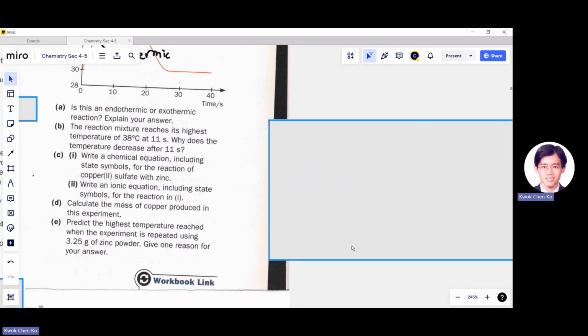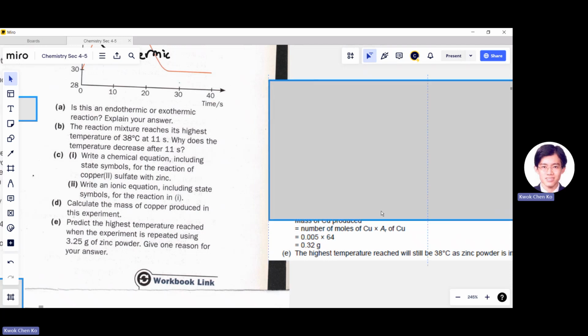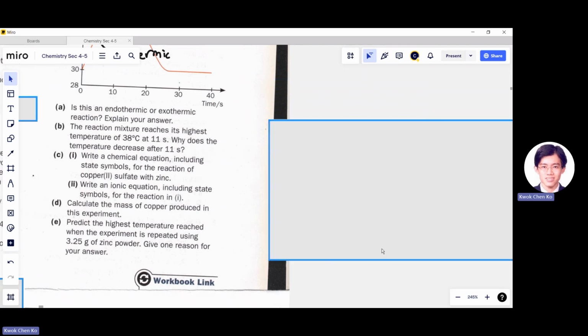Complete the mass of copper. These are mistakes, as long as we manage to catch the mistake. Even if I tell you the mistake, you still tell me.